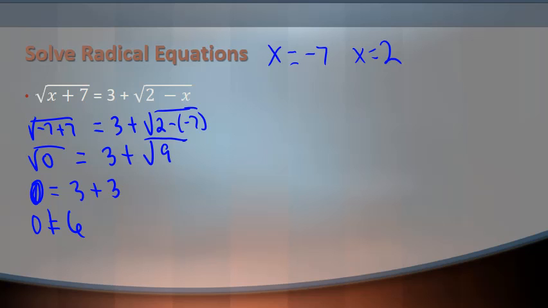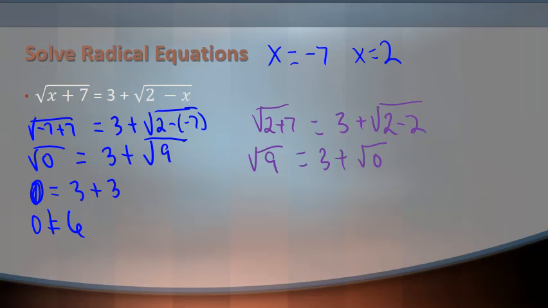Let's see if 2 is a solution. So we got to plug in 2 for x. So I got the square root of 2 plus 7 equals 3 plus the square root of 2 minus 2. Well, 2 plus 7 is 9, so I got the square root of 9 equals 3 plus 2 minus 2 is 0, square root of 0.